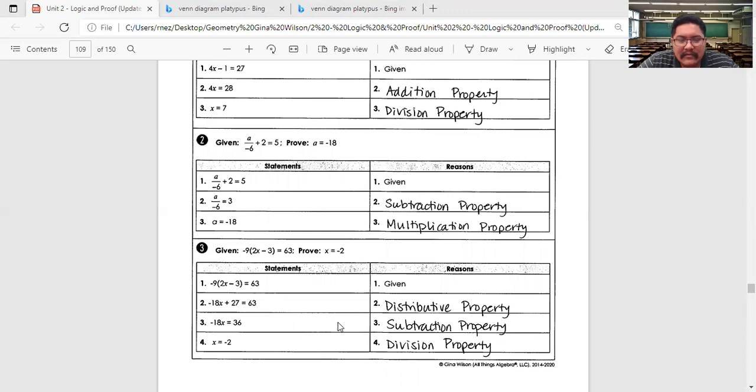So like in that case, the 27, we'd show what happened to the 27 on both sides. So we would write minus 27 here, minus 27 there. But here they don't have that. So you kind of have to go with the steps without the actual showing of what happened.